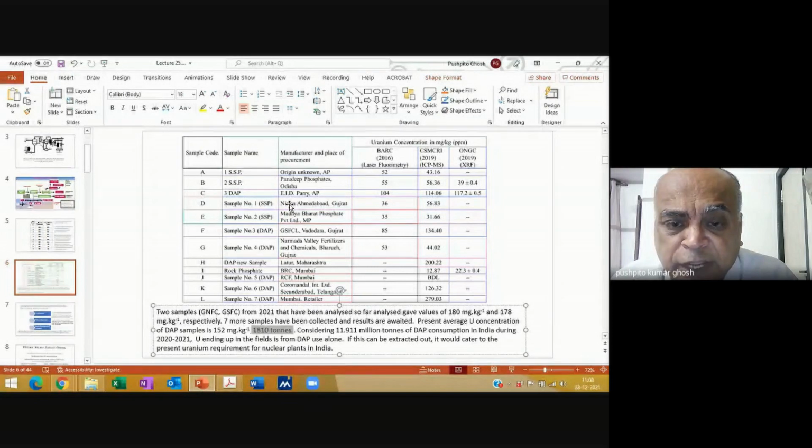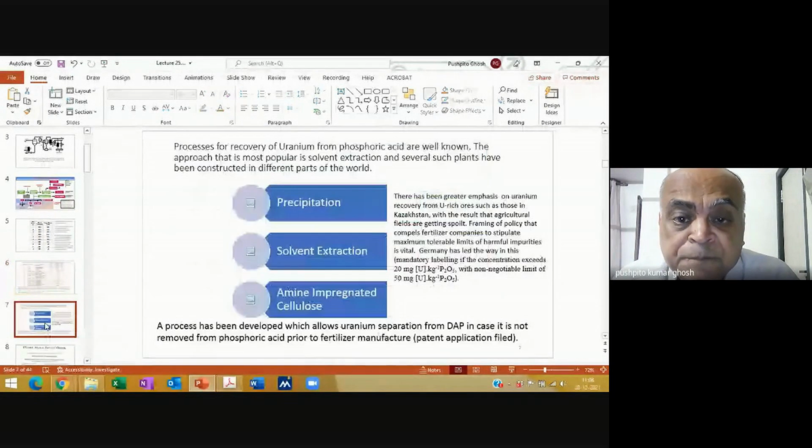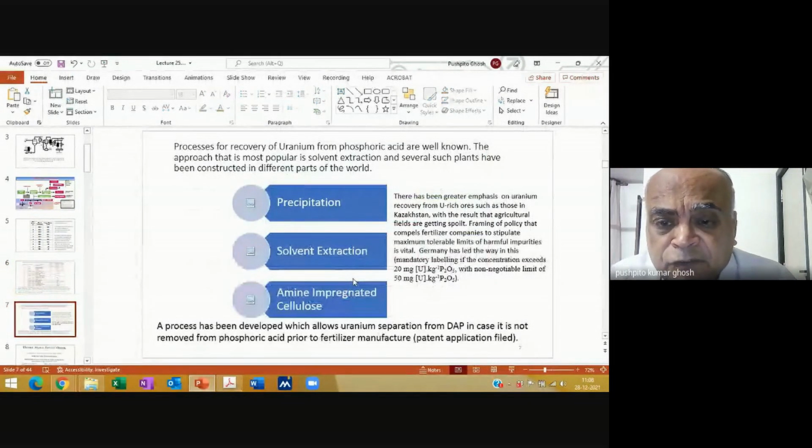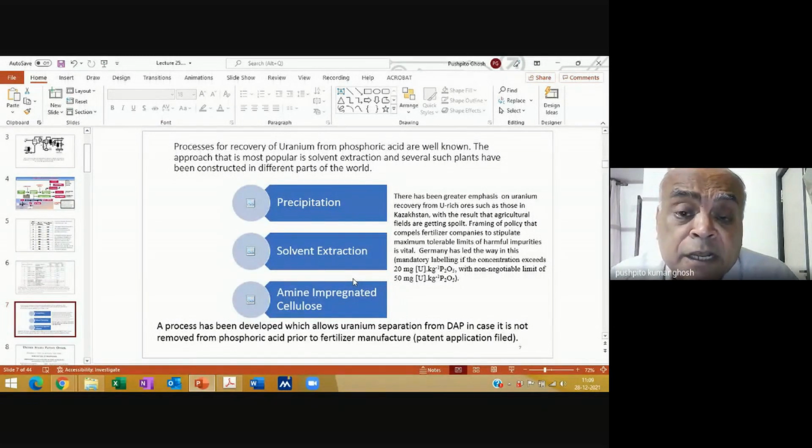Why from the phosphoric acid? Because there are very well-known methods which have been established over the years. Since 1950s, I mean, the US was the pioneer, since late 40s, they were developing it, and they were, of course, developing it for making weapons at that time. So all the focus was on making nuclear weapons, and so they needed a lot of uranium.